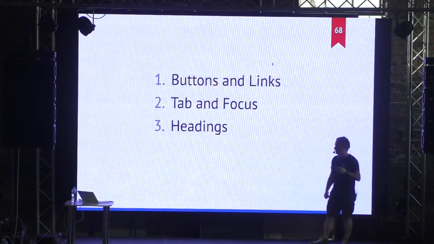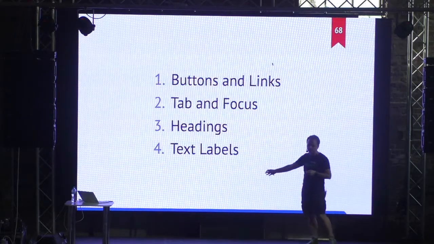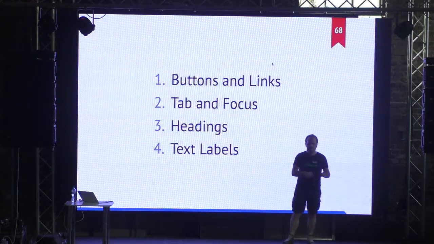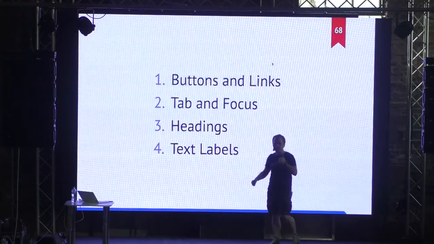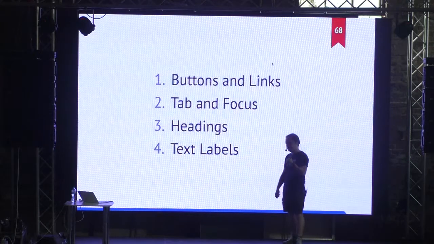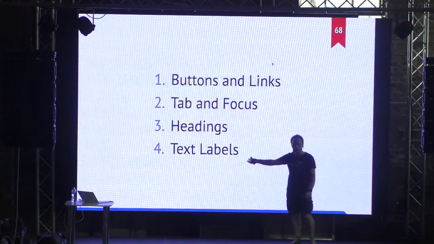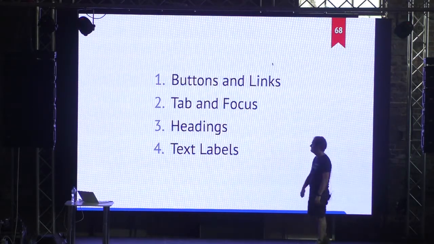So help users get proper headings. And text labels. Every interactive element should have a text label: attribute, text content, hidden text, anything. Four simple things. Please apply them to your work, and it will make your project better.